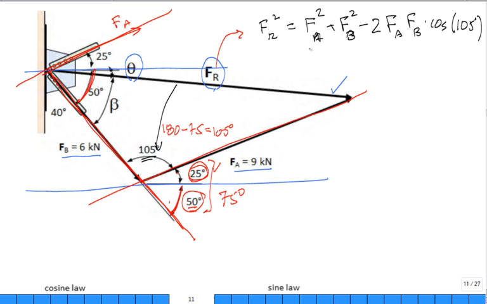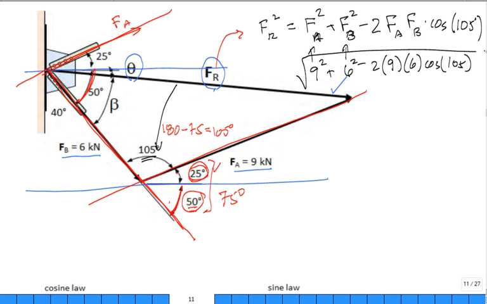Okay, and so we know F_A, that's 9 kilonewtons. We know F_B, 6 kilonewton. So F_R squared is 9 squared plus 6 squared, minus 2 times 9 times 6 times the cosine of 105. And then we would take the square root of all that, we get F_R.